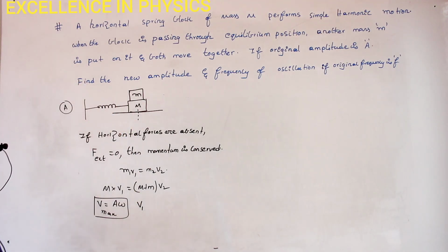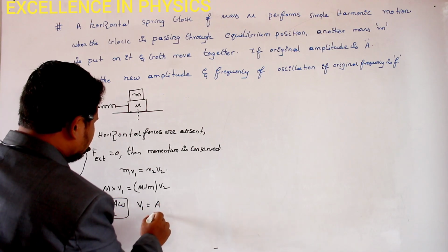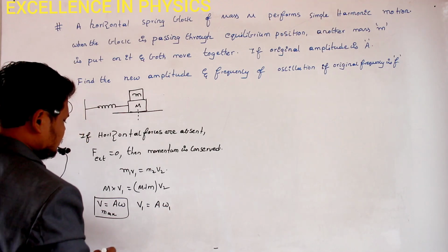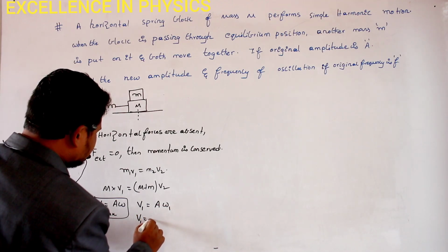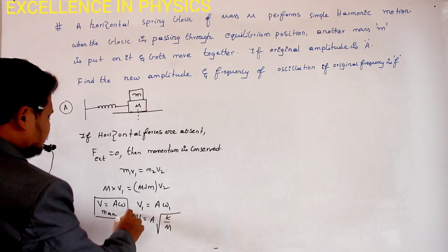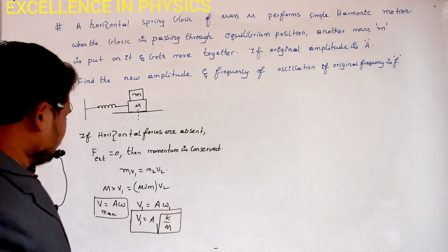What is the initial velocity, before placing this small m? v = initial amplitude A, and initial angular velocity ω1. Therefore v1 = A ω, which can be written as A times the square root of k divided by M. This is our initial maximum velocity at the mean position. Clear?